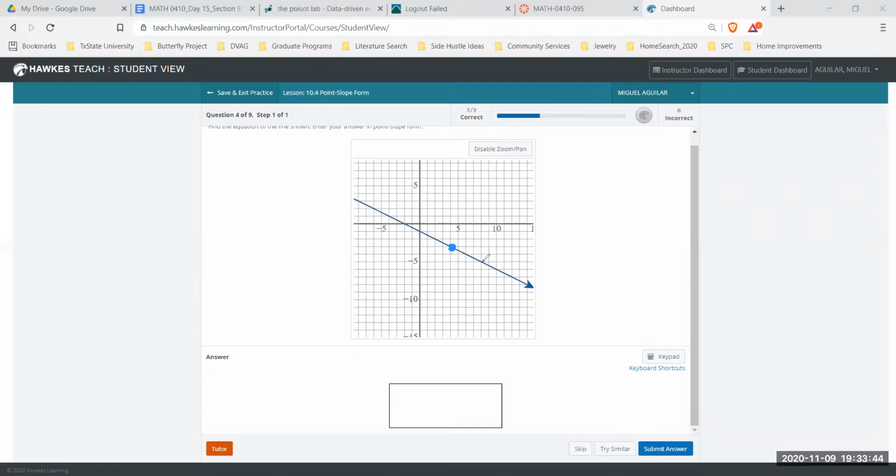And then I pick another point to the right of it, right here. That looks like a good point. And the distance between these points, I would have to go down 2 and then over 1, 2, 3, 4. So I know that the slope, rise over run, is equal to -2 over 4, and that reduces to -1/2. So this has to be my slope.